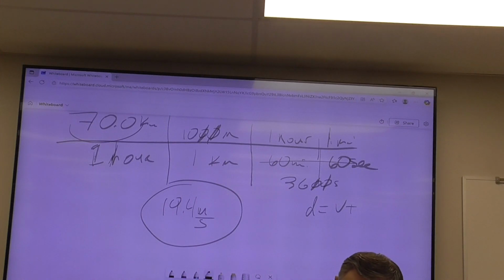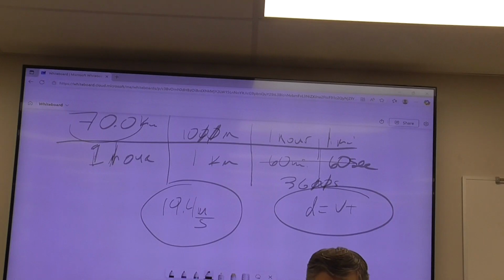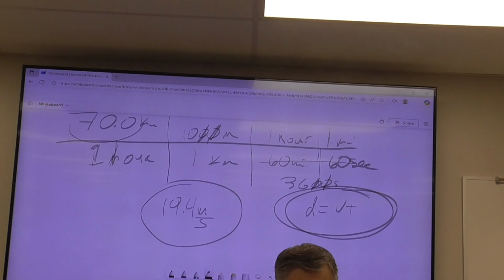You're going to use distance equals velocity times time on number 5, number 7, number 8, number 10, and 11. Anytime you have constant velocity, you can use distance equals velocity times time. I'll always give you 2 of the variables, solve for the 3rd.